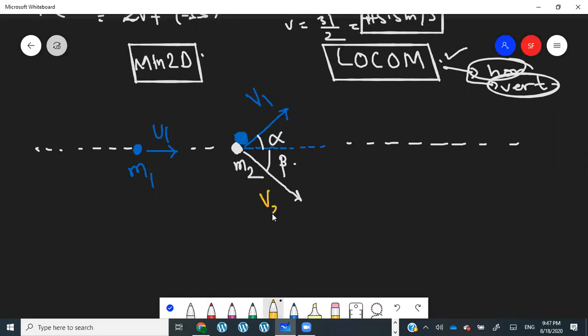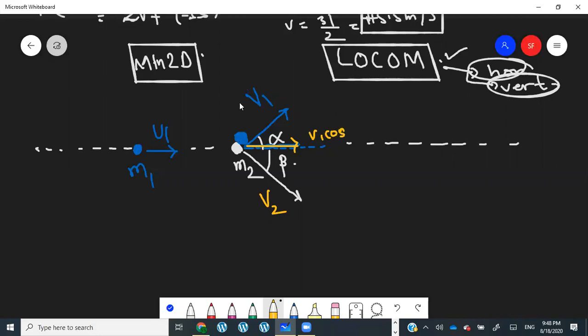This velocity is v2, the velocity with which m2, the white ball, is moving downwards. These velocities, v1 and v2, are given to you, and they are vectors. What's going to be the horizontal component of v1? Cos. Cos of what, alpha or beta? What were we calculating?